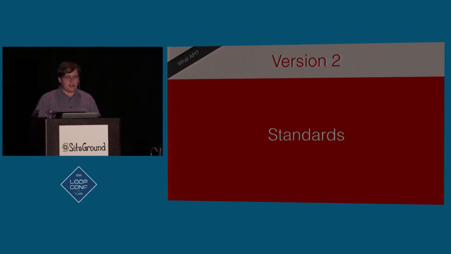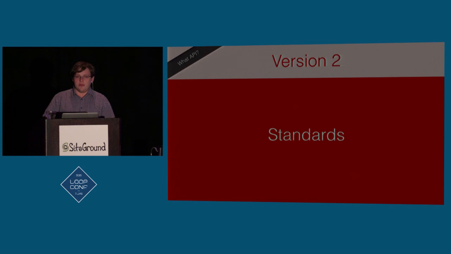With version 2, we tried to standardize on what the general APIs out there in the world are doing. And we decided to use HAL, which is the Hypertext Application Language, which is a quite nice specification that lets clients interoperate nicely. And it was quite similar to what we were already using on the API.